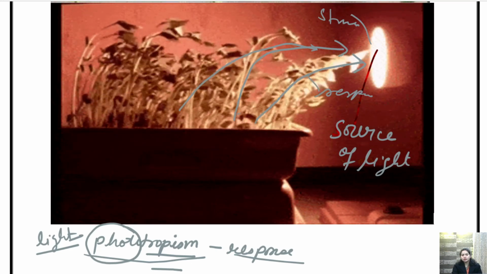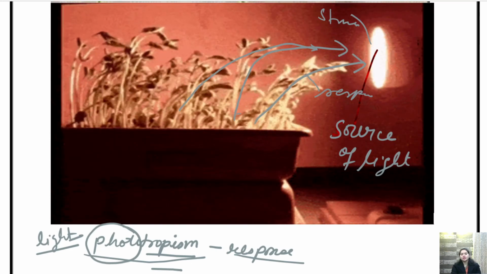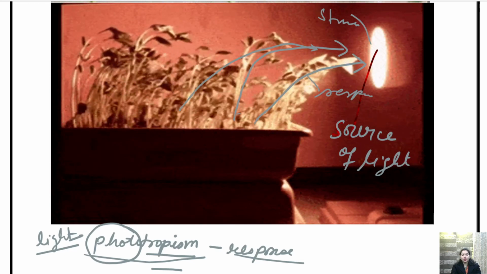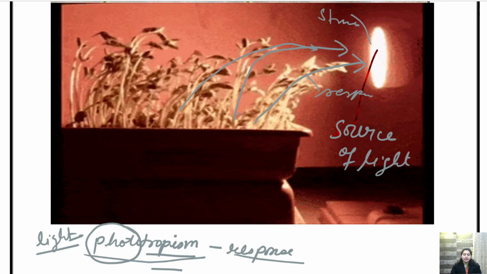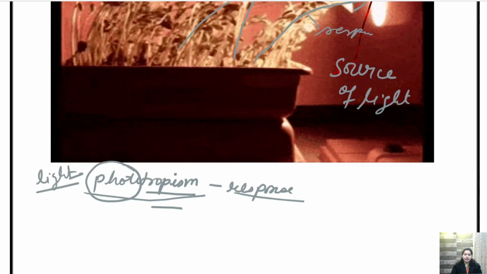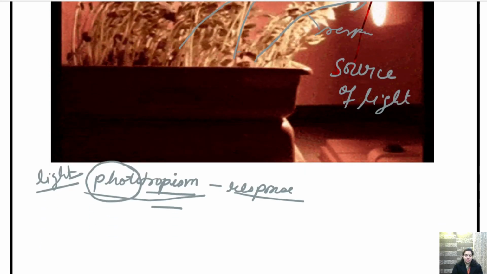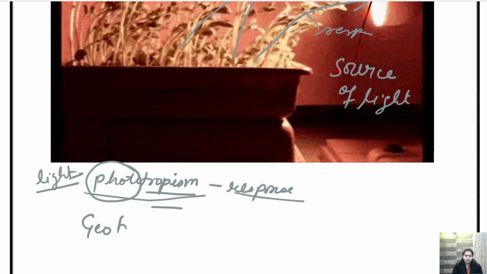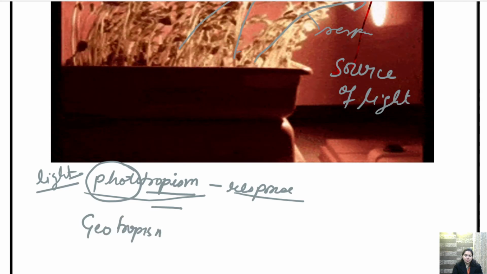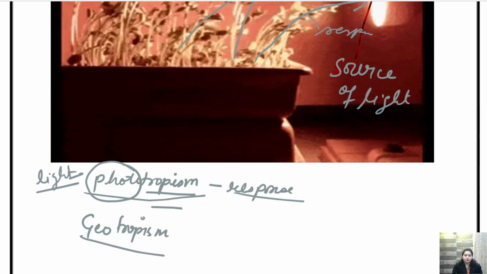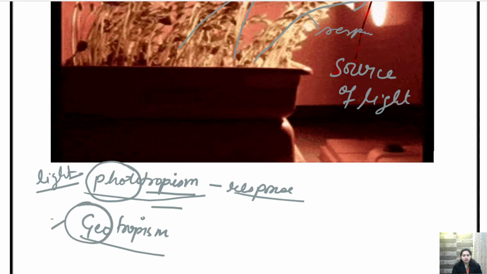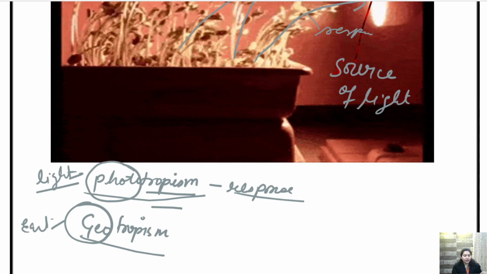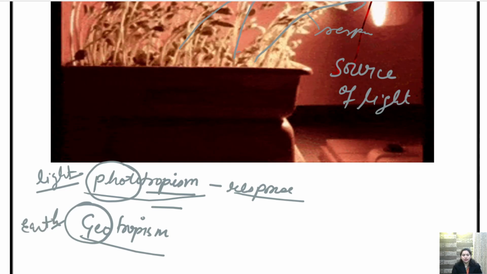Okay, the movement of plant towards the light is called phototropism. Getting it? Another is geotropism. What is geotropism? Geo means earth. They are talking about earth here.